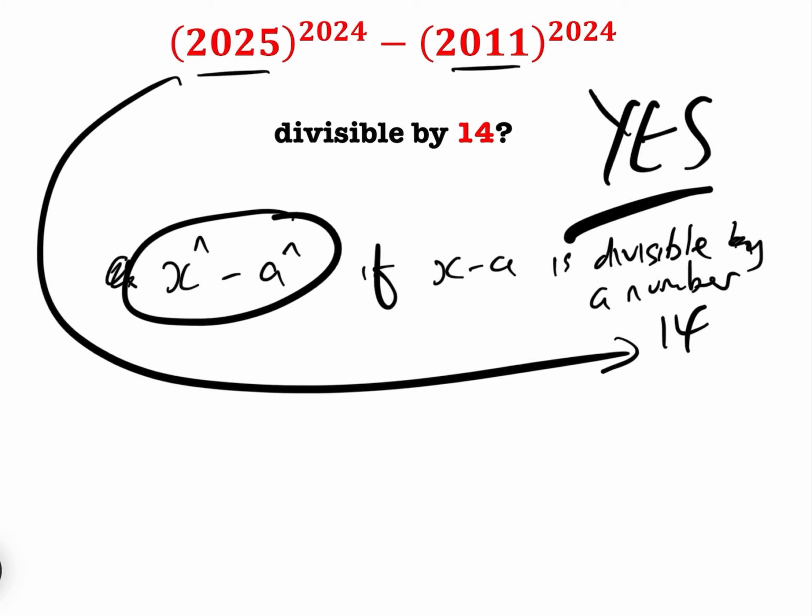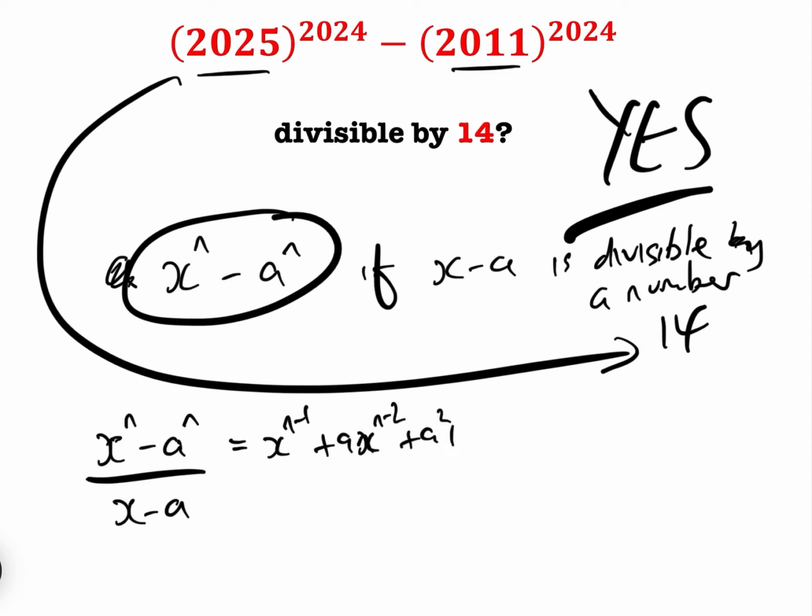It comes from this expression, and we've already looked at this before in remainders. x to the n minus a to the n over x minus a equals x to the n minus 1 add a x to the n minus 2 add a squared x to the n minus 3 add, up to a to the n minus 2 x add a to the n minus 1.